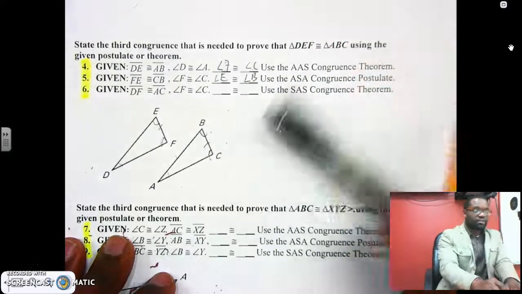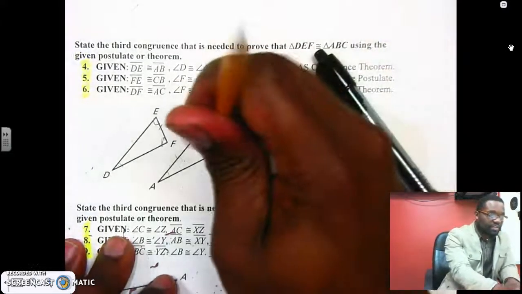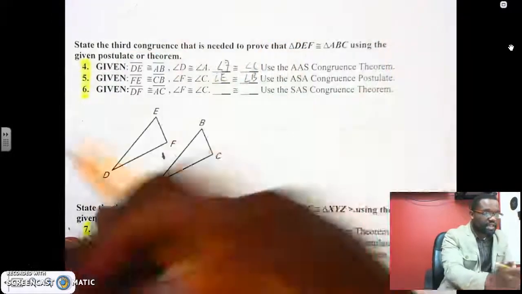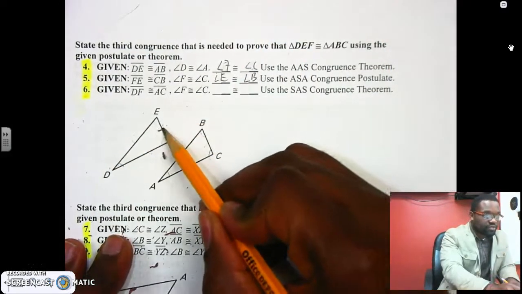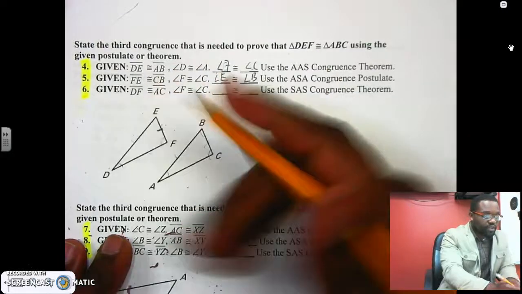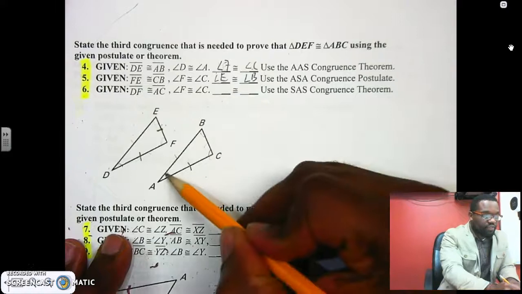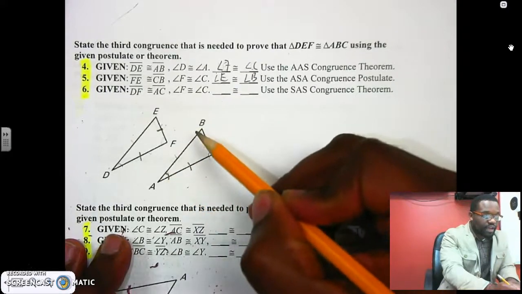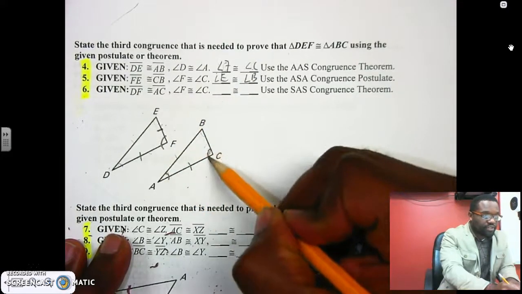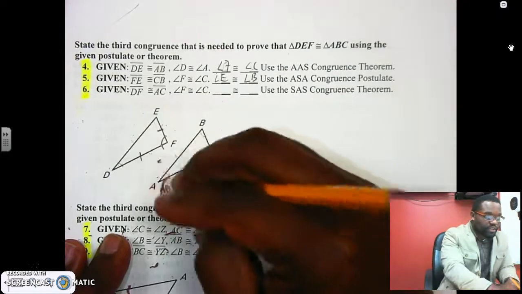What about side angle side? If they gave us the information that they give us to show side angle side on number 6, side angle side says DF is congruent to AC, and angle F is congruent to angle C. I am tripping, trying to go fast.